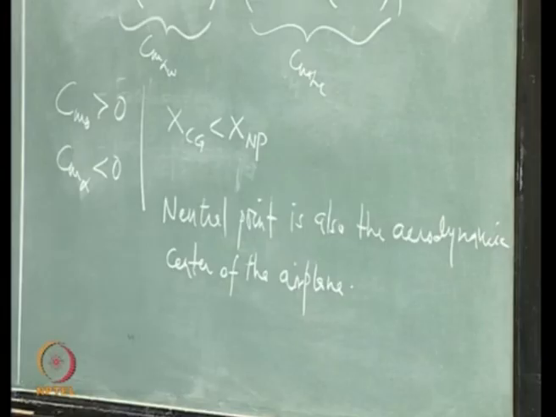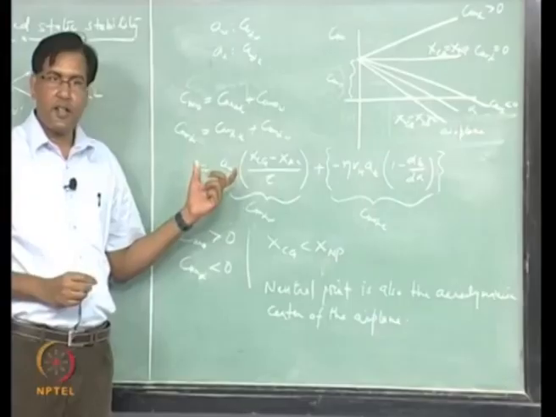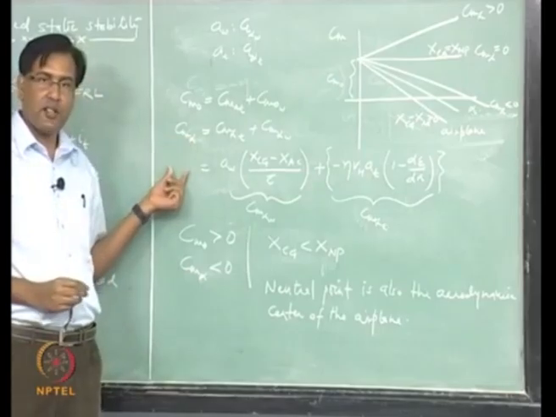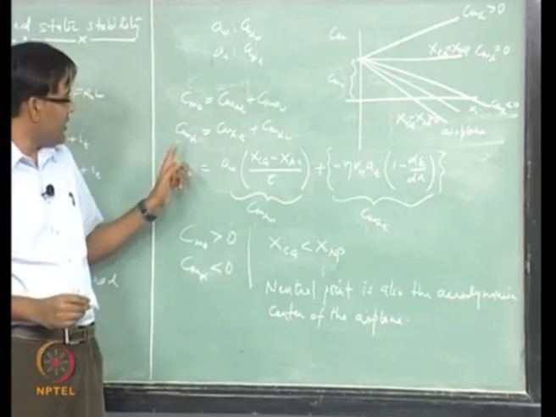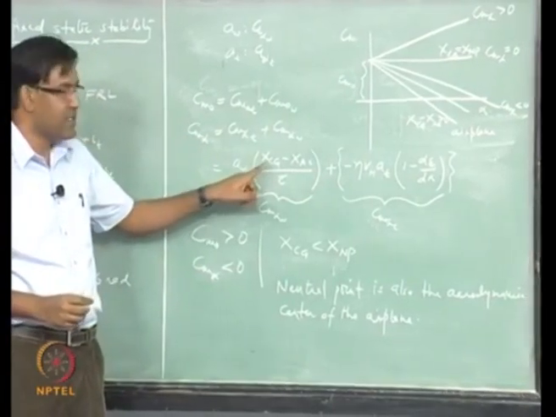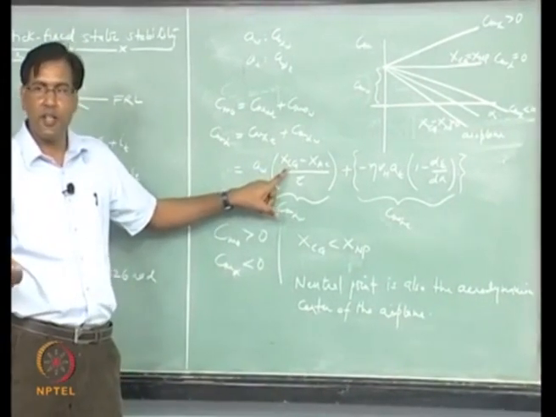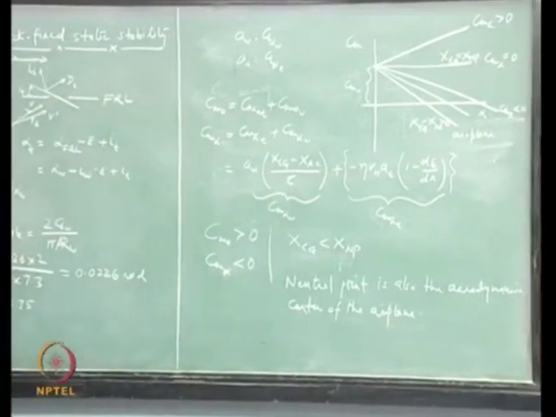So, how do you find an expression for xNP here? Set this CM alpha to 0, right, and that is the point where this CG becomes NP, right.